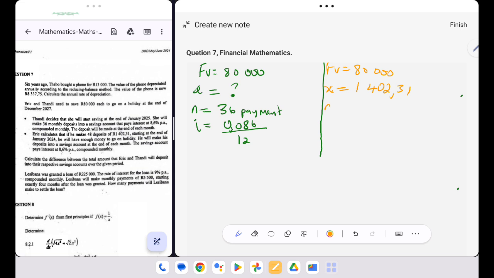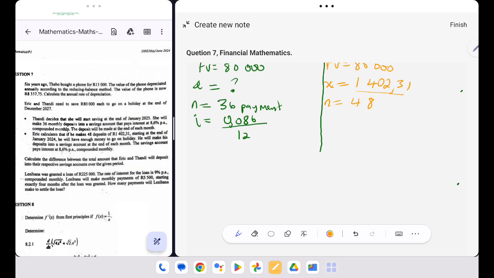So we know that Eric has already calculated that if he pays this amount of money for 48 payments, this amount of money will accumulate interest, and he will reach his goal of having 80,000 in December 2027.